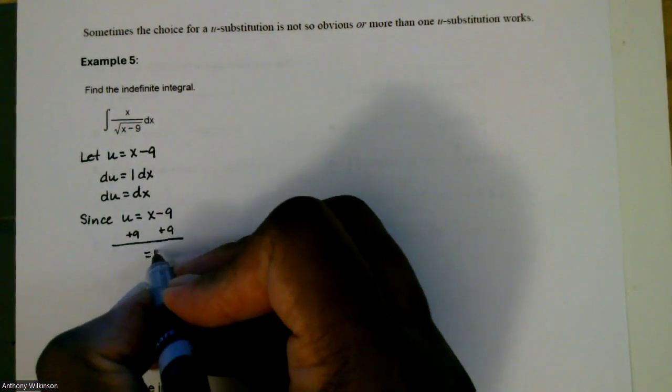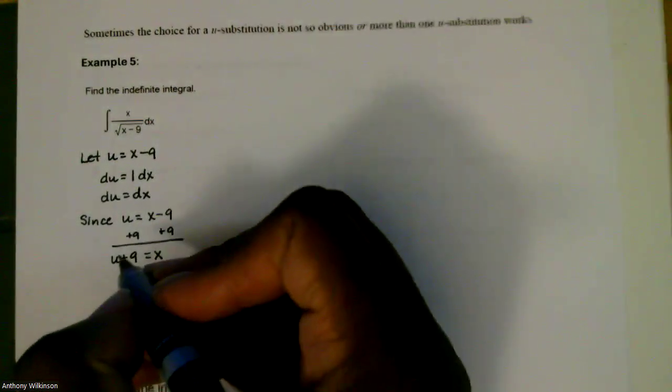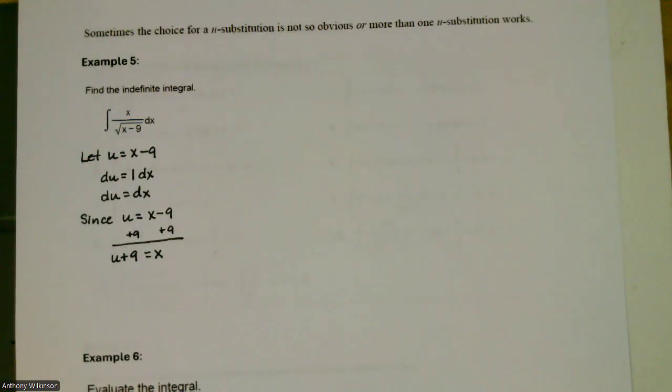So that means my x here will be equal to u plus 9. So everything will be in terms of u when I do the substitution. Okay?